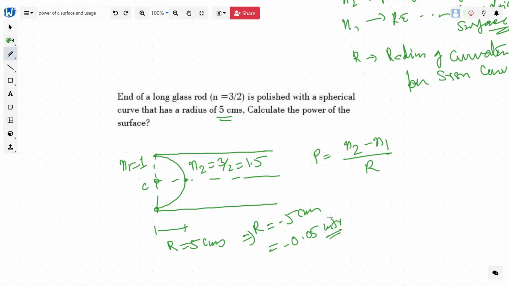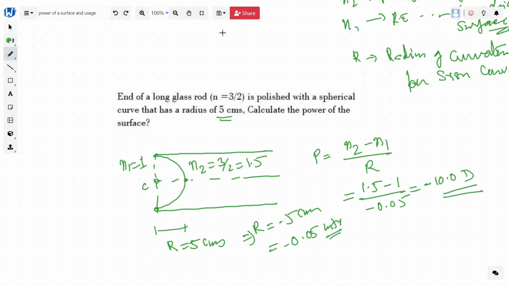We said that we have to take it in meters. Now n2 is 1.5 minus 1 divided by minus 0.05, and it will come out to be minus 10 diopters.